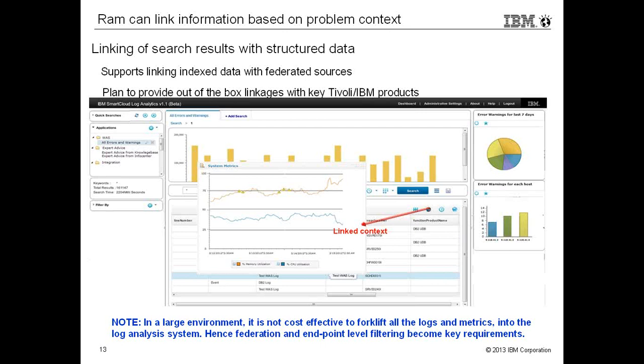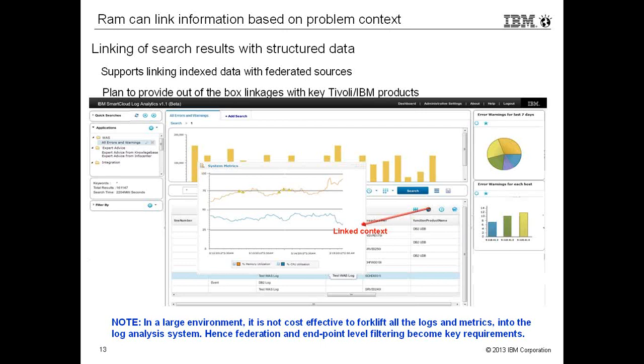So using this offering from IBM, Ram can link the error code, or link this unstructured log data, with some of the structured metrics like CPU utilization or thread pool utilization or connection pool utilization, and correlate instantaneously using a couple of clicks.